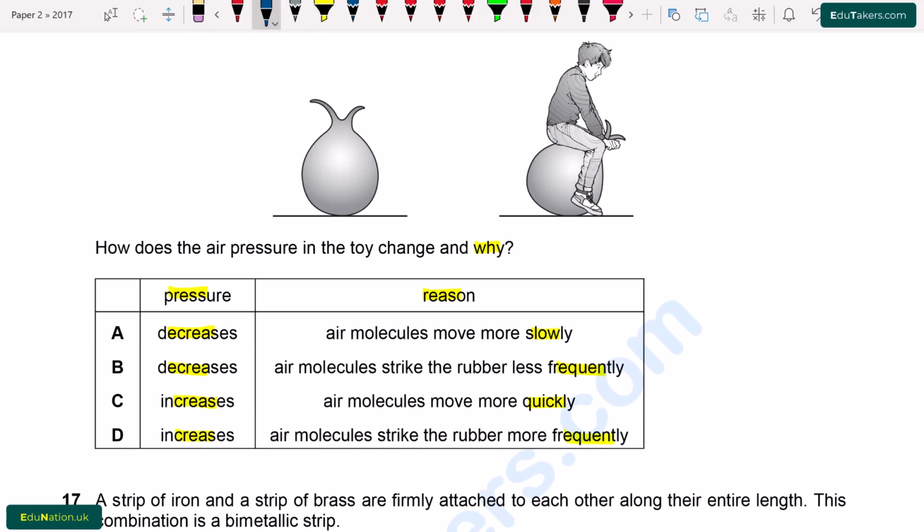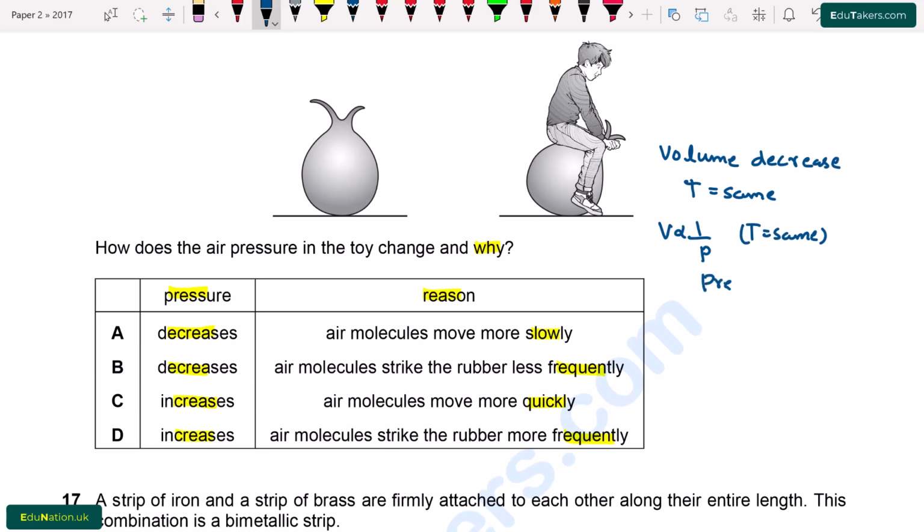So first of all, the volume decreases, but the temperature remains the same. What will be the effect on the air pressure? This is according to Boyle's law that volume is inversely proportional to pressure when the temperature is constant. So when the volume decreases, air pressure should increase.